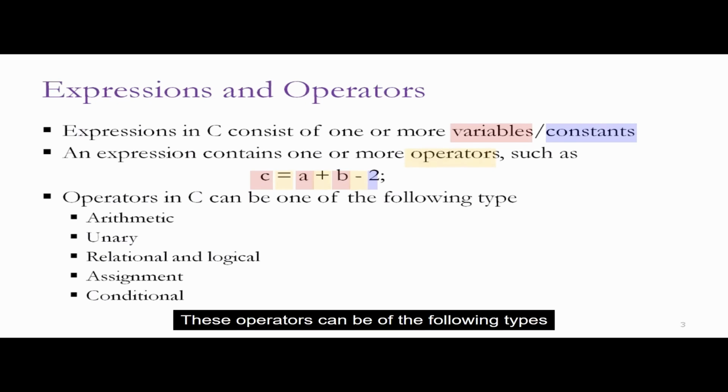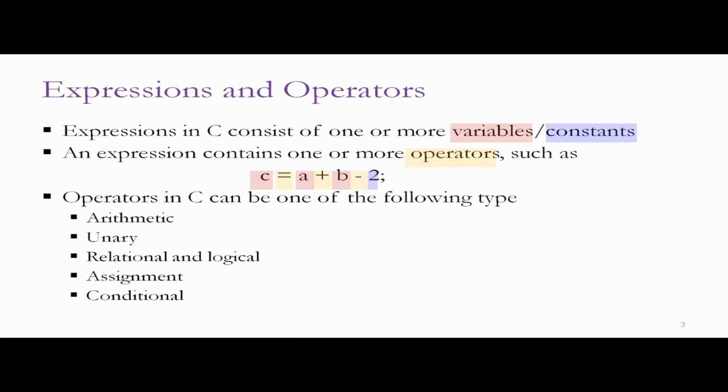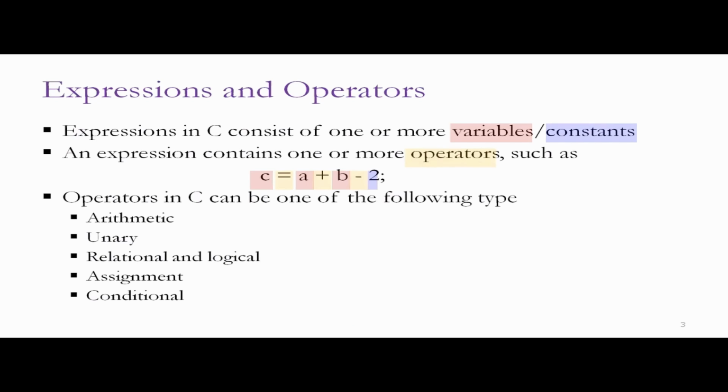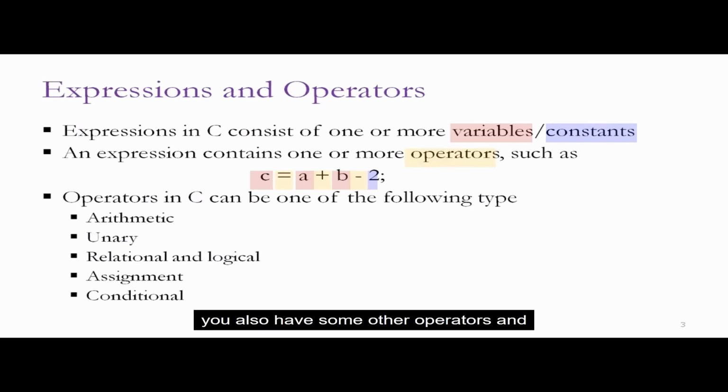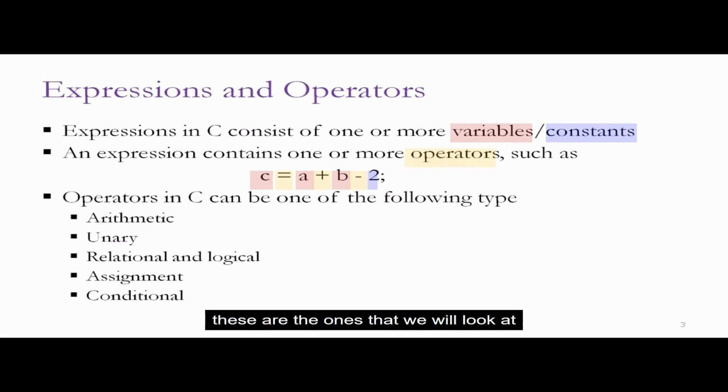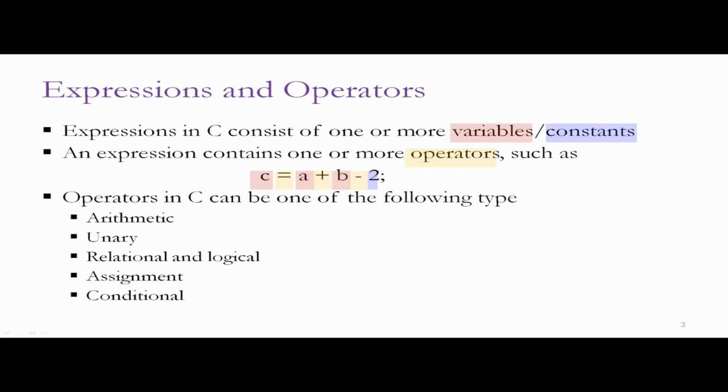These operators can be of the following types: arithmetic, the ones that we already saw in one of my earlier videos: plus, minus, divide, modulus, multiplication. You also have some other operators, and these are the ones that we will look at in more detail in some of the other videos that we will see in this series of videos.